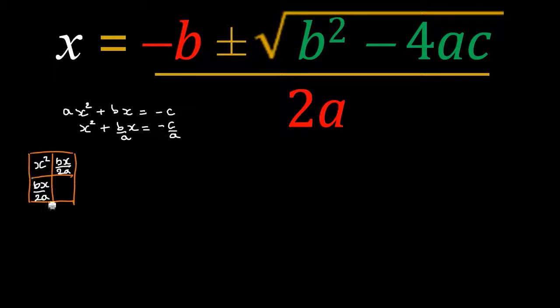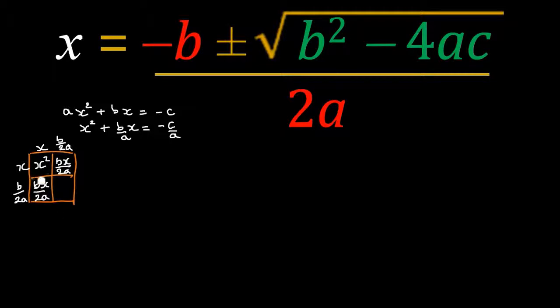So that's fine. But what I need to do to make it into a perfect square is I need to have a term here, which I'm going to then add to both sides. So what's that term going to be? Well, we can simply get it from factorizing. So if I put my side terms here, I've got b over 2a, b over 2a.